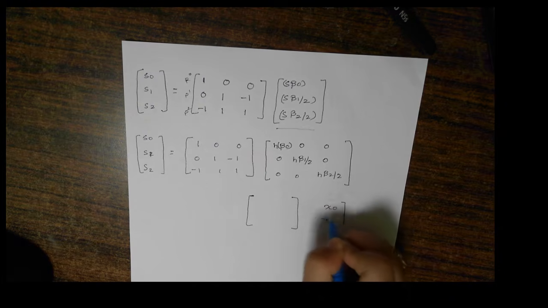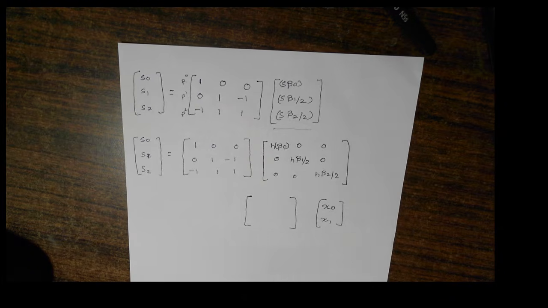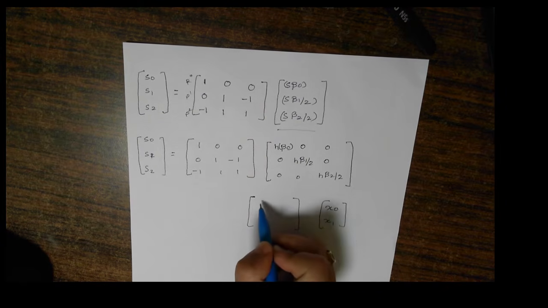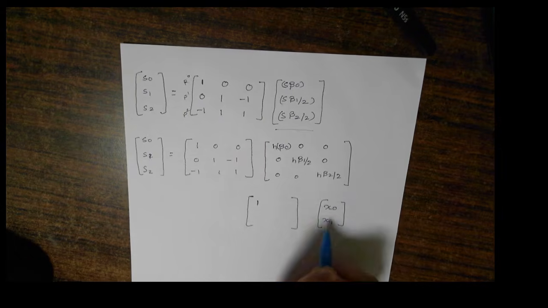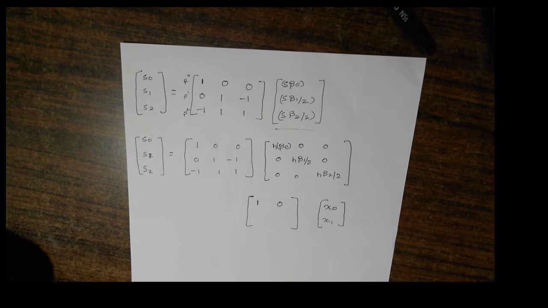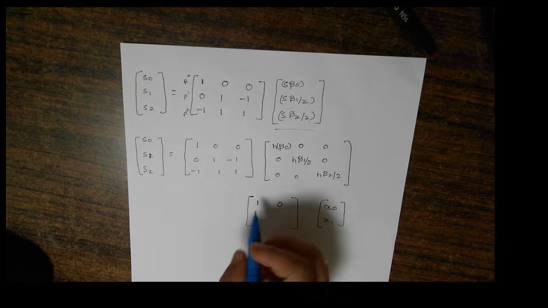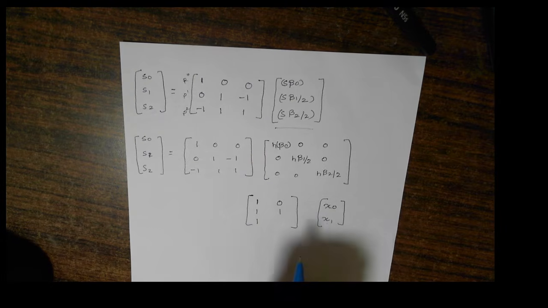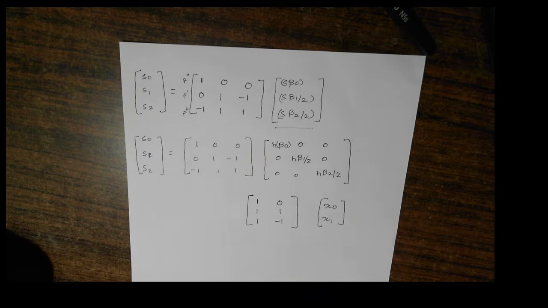So I have further bifurcated it directly. I have written the terms X0 and X1. X beta 0 is X0, so 1 here, no term of X1, so 0 here. X beta 1 is X0 plus X1, both the terms, so 1 1. X beta 2 is X0 minus X1, so 1 for X0 and minus 1 for X1. In this way, we have bifurcated h beta 0 and x beta 0.